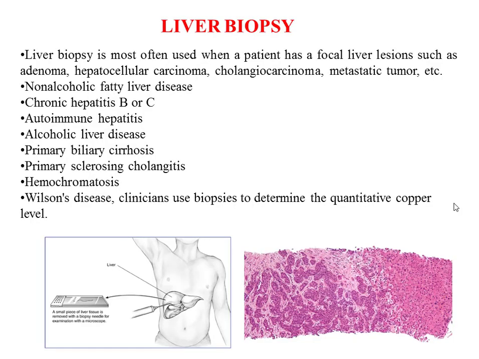Liver biopsy is most often used when a patient has a focal liver lesion, such as adenoma, hepatocellular carcinoma, cholangiocarcinoma, metastatic lesions, etc. We also may use liver biopsy if we want to make a correct pathomorphological diagnosis of non-alcoholic fatty liver disease, chronic hepatitis B and C, autoimmune hepatitis, alcoholic liver disease, primary biliary cirrhosis, primary sclerosing cholangitis, hemochromatosis, or Wilson disease.